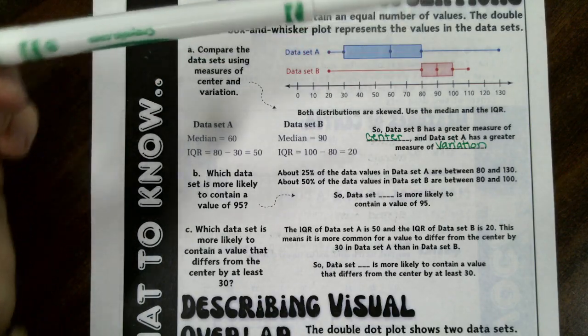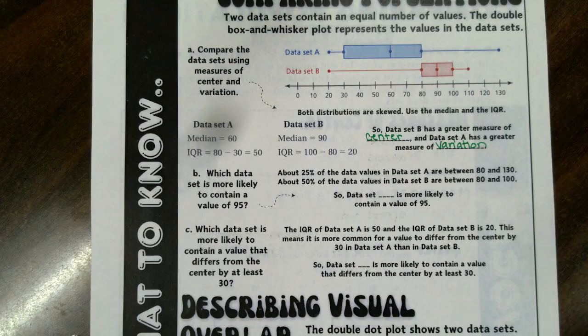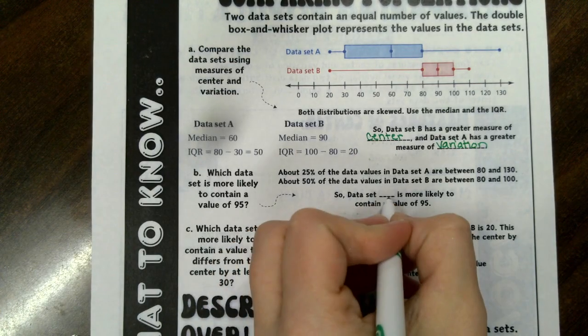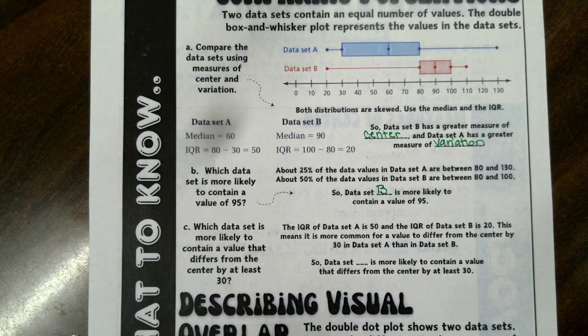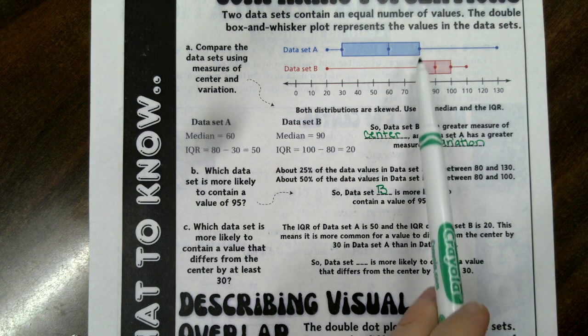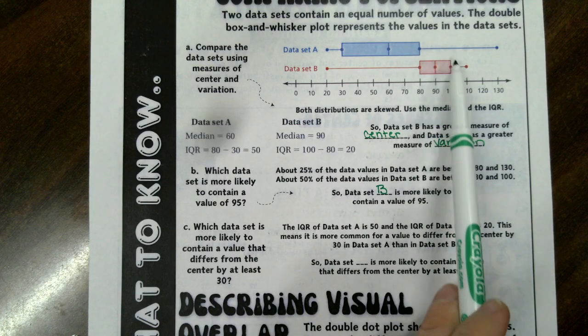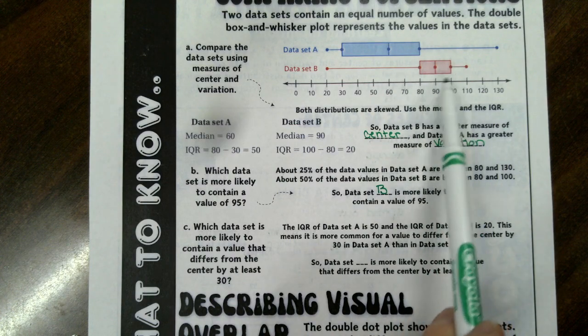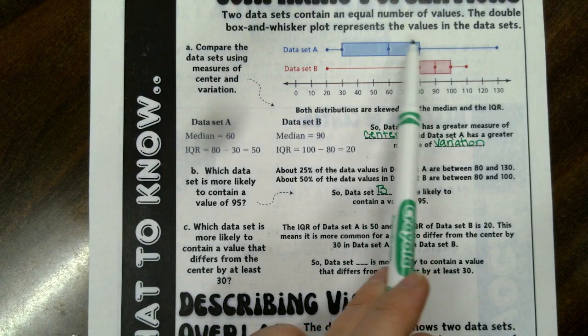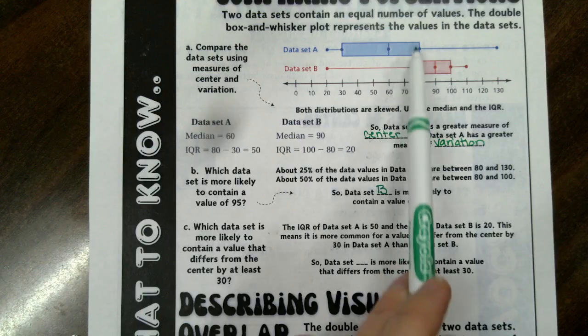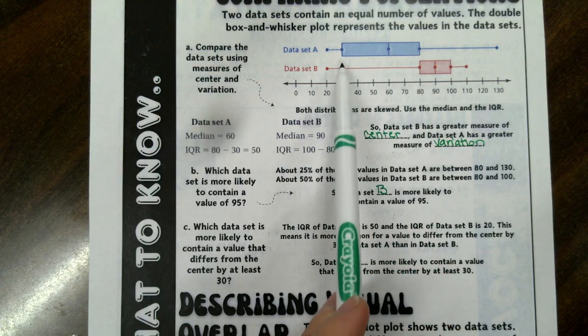So I know that data set B is more likely to have a value of 95, because more of our data lies in this range where you would find the 95, versus data set A, where more of the data lies between 30 and 80.